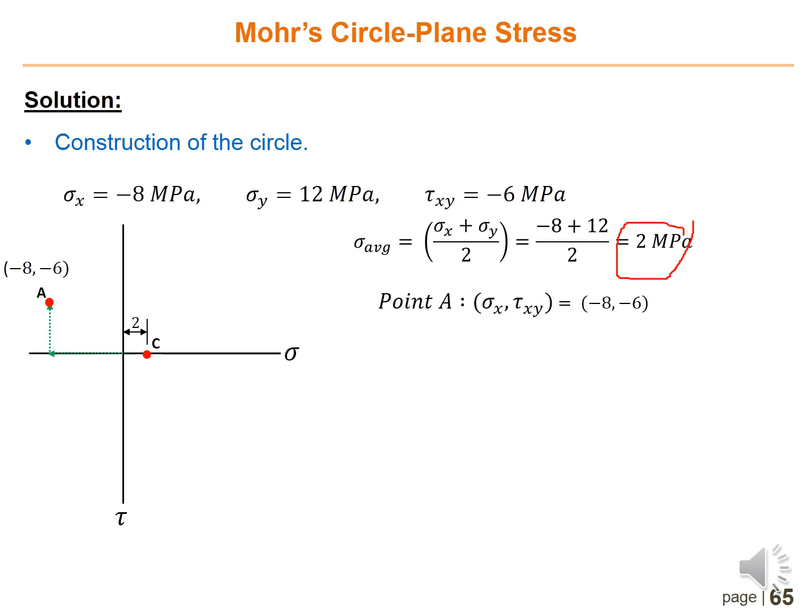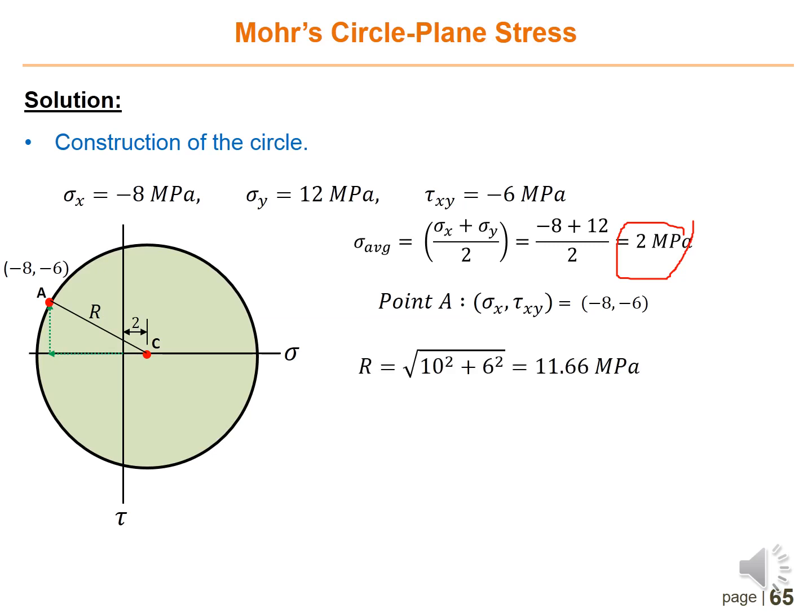Okay, and construct the straight line from point C to point A, and you will have the value for R, which is the radius of the circle. Once you have the radius, you can construct the circle from the center point C, and you can check the value of R using this equation: R equals square root of 10 squared plus 6 squared, which is equal to 11.66 megapascal.